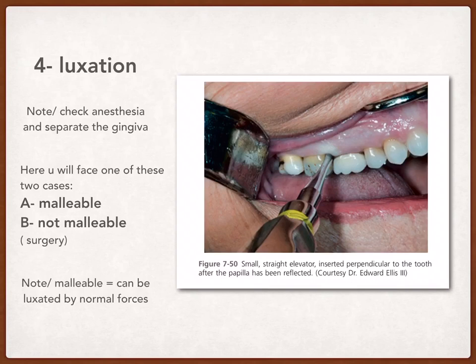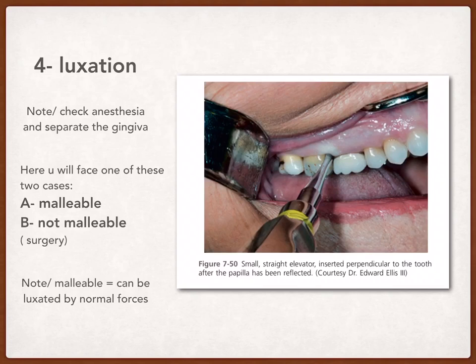When we have a malleable tooth, the dissection is done primarily by using a small straight elevator and inserting it in the interdental space between the intended tooth and the adjacent tooth, and by pushing the intended tooth and luxating it.